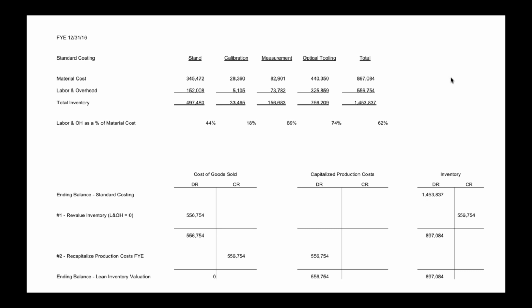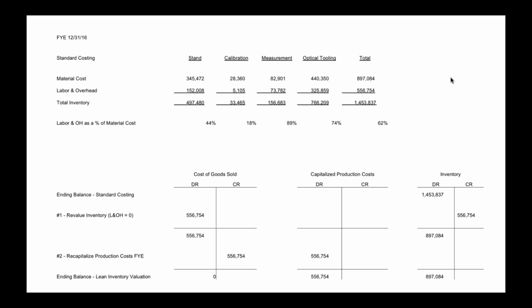Now remember, this is like at year end or maybe at a month end, so we have no production going on. We're just freezing production, and we have to work the system before we turn production back on and any kind of reporting. So our system shows inventory now just at material cost.